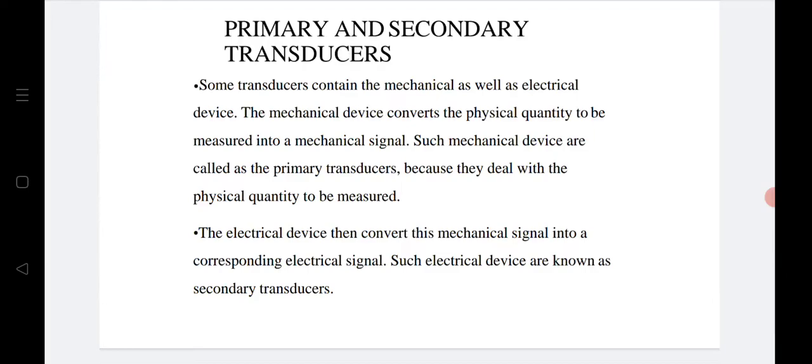Now you will have an electrical device also in the same transducer. This second part, the electrical device, takes the mechanical signal and converts it into a corresponding electrical signal. Such electrical devices are known as secondary transducers.